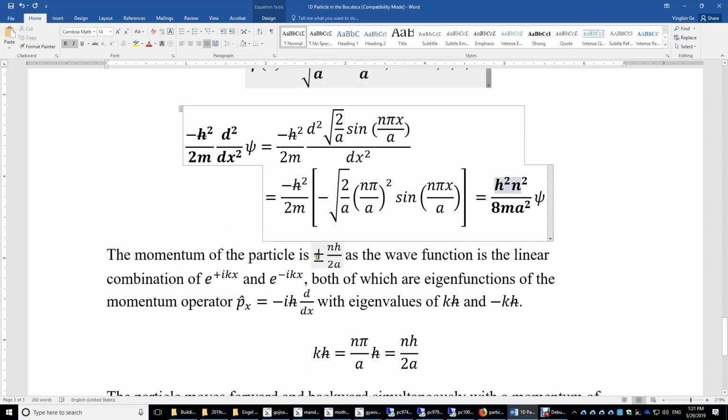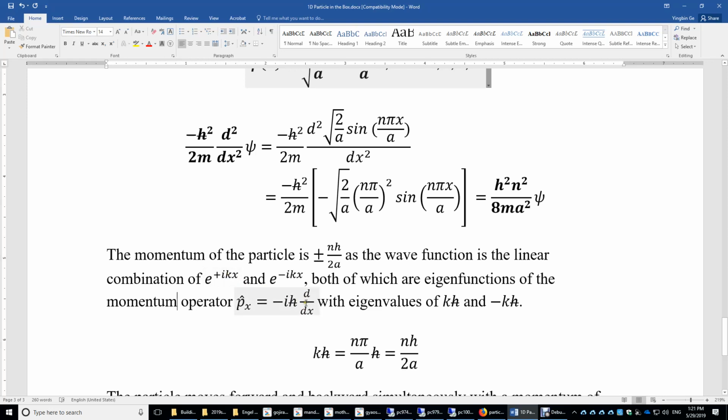The momentum of the particle is plus minus nh over 2a because the wave function is a linear combination of two exponential functions, e to the power of plus ikx and e to the power of negative ikx. And both functions are eigenfunctions of the momentum operator p sub x, which is equal to negative i h bar d over dx.